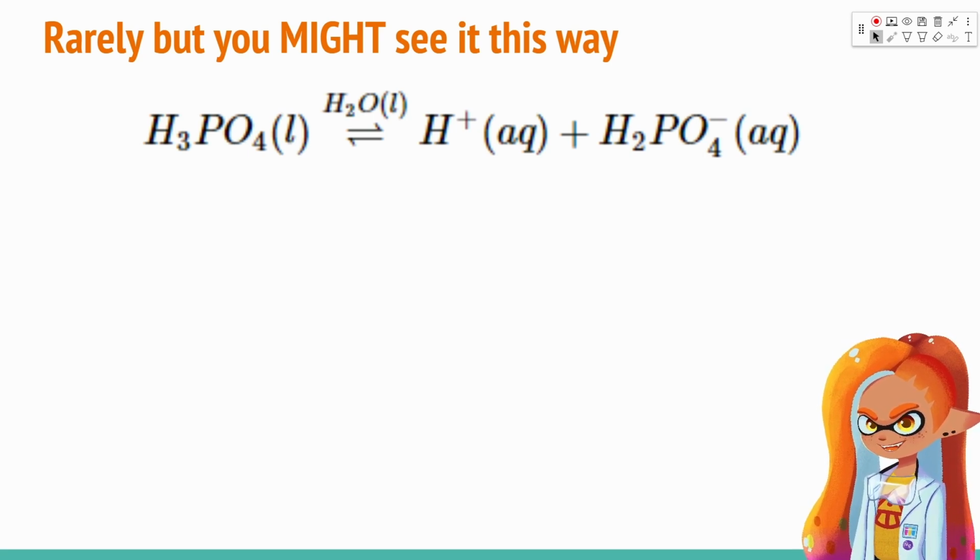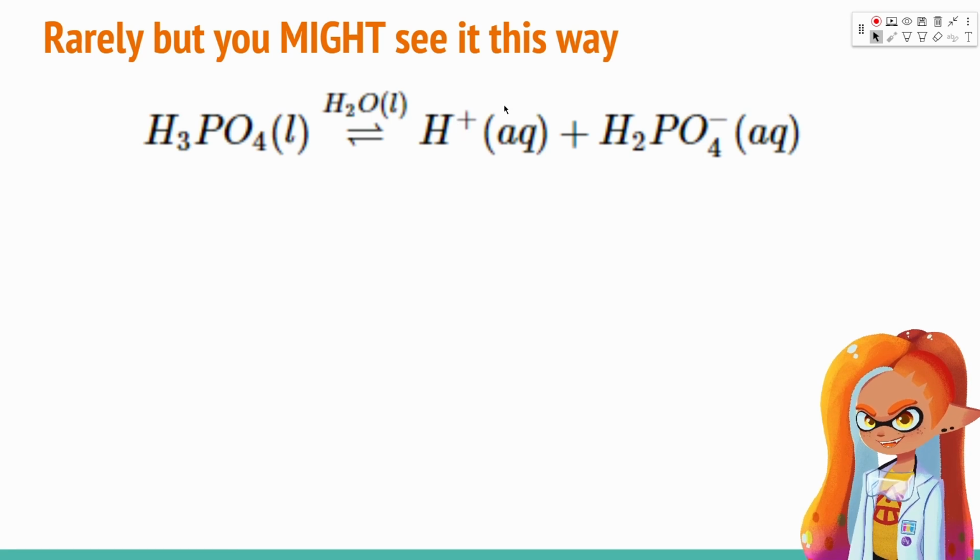Anyway, so H3PO4 has multiple protons that can be donated. That's what a polyprotic acid is. Poly being many, protic meaning proton. And so this is the first step that needs to happen, where one of the H pluses gets donated. And so now we're left with H2PO4.